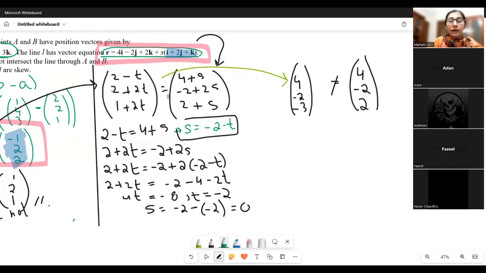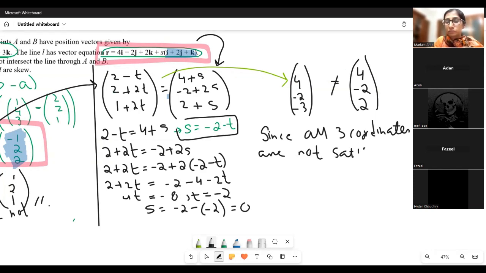Since the values of s and t do not satisfy all three coordinates, since all three coordinates are not the same, hence the lines do not intersect.